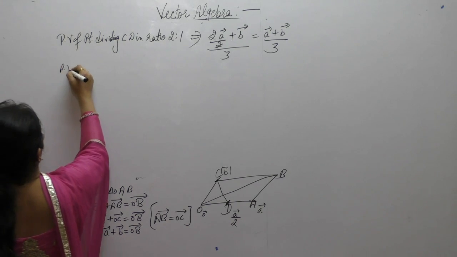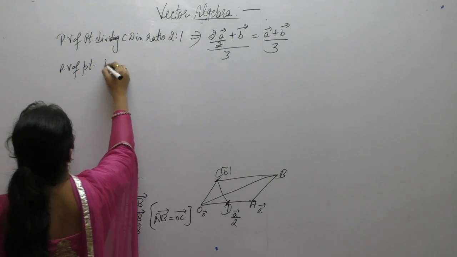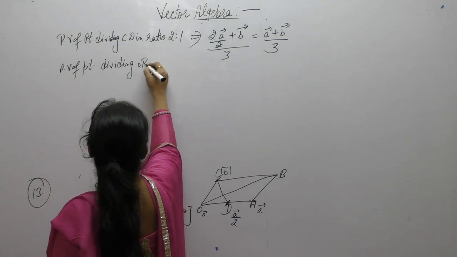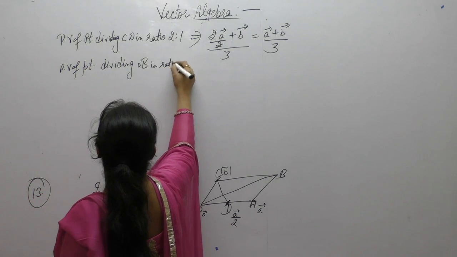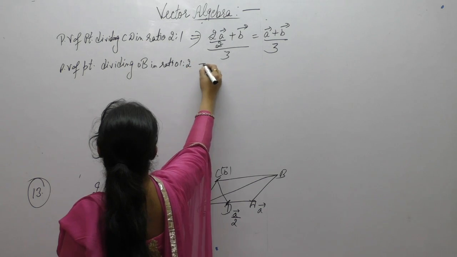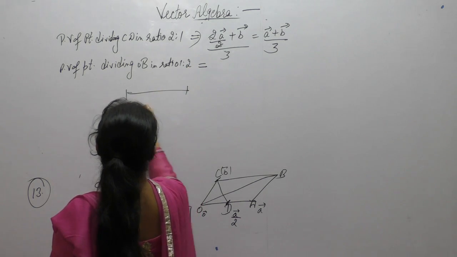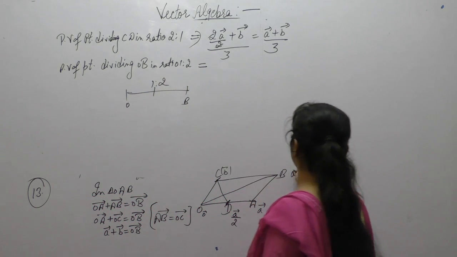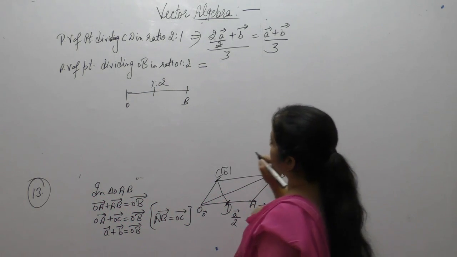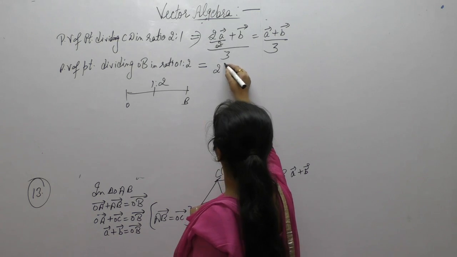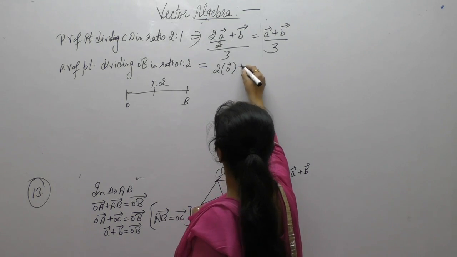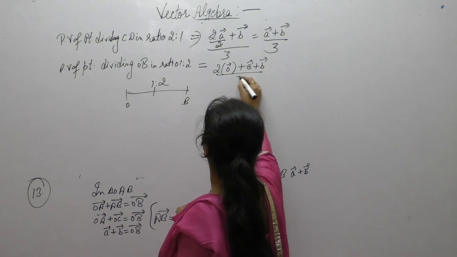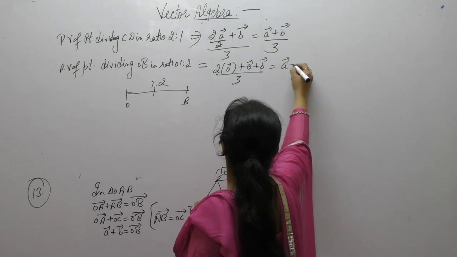Now position vector of point dividing OB, 2 into this plus 1 into A vector plus B vector upon 3.